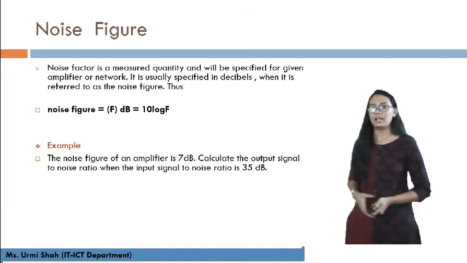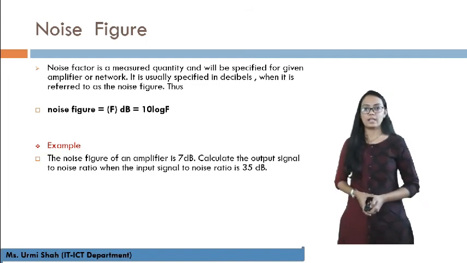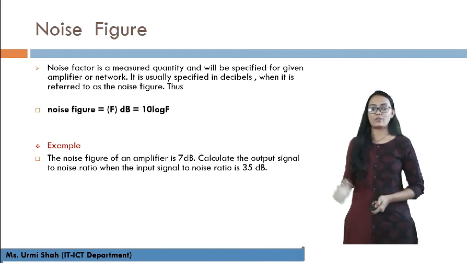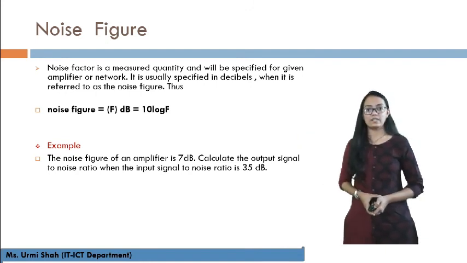One example shown here: if the noise figure of an amplifier is 7 dB, and you want to calculate the output SNR, and the input SNR given to you is 35 dB, then how will we calculate the output SNR?